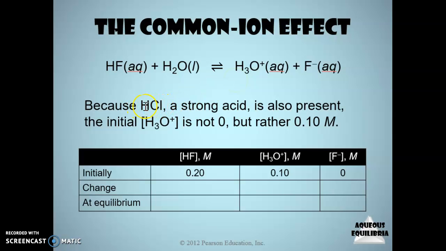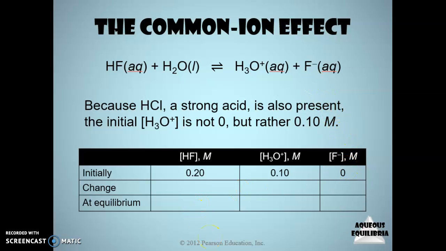We had 0.1 molar HCl, and so that is actually going to give us 0.1 molar hydronium and 0.1 molar chloride. But chloride is a spectator, and it's an ion that doesn't have anything in common with this up here, so we don't care about it. We just care about the H plus. So the initial concentration of the hydronium is 0.1 molar. Our initial concentration of F minus is 0.